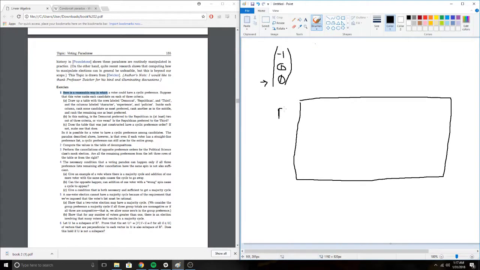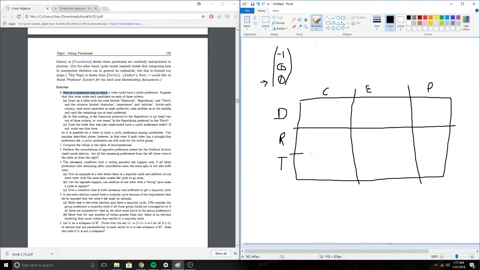We have the D, we have the R, we have the T, and we have character, experience, and policies. So we'll rank each candidate on how they fare against the other candidates for each one.